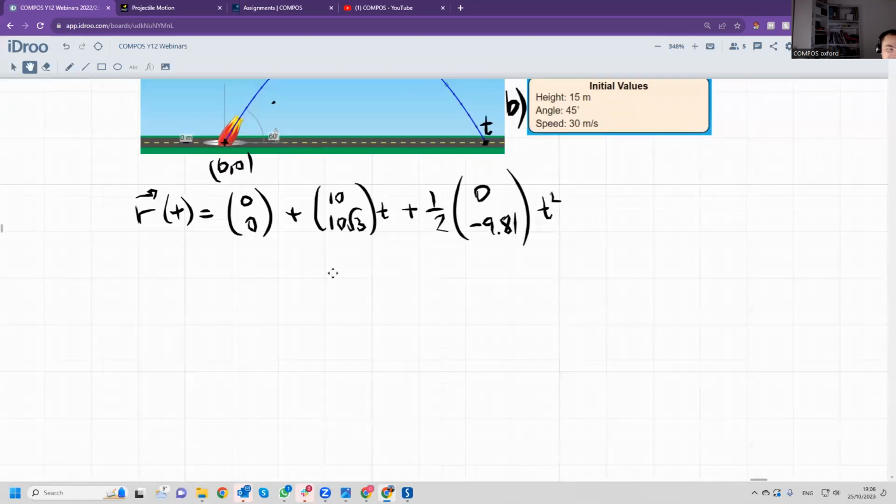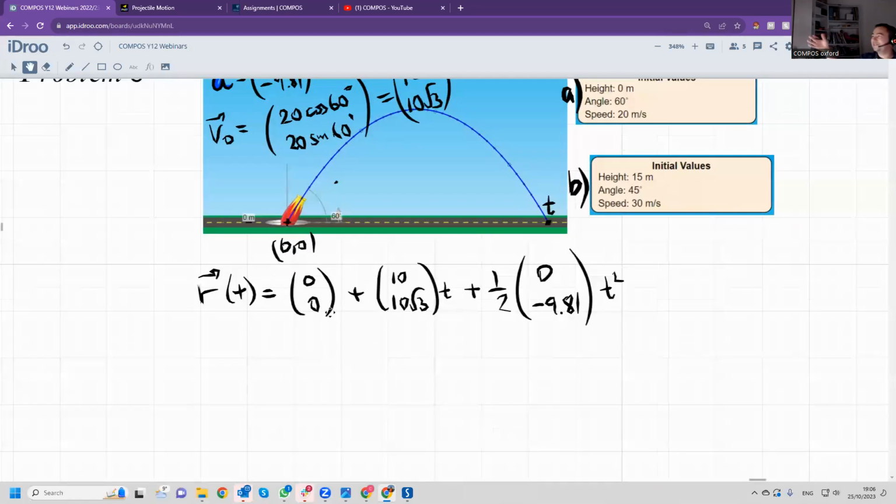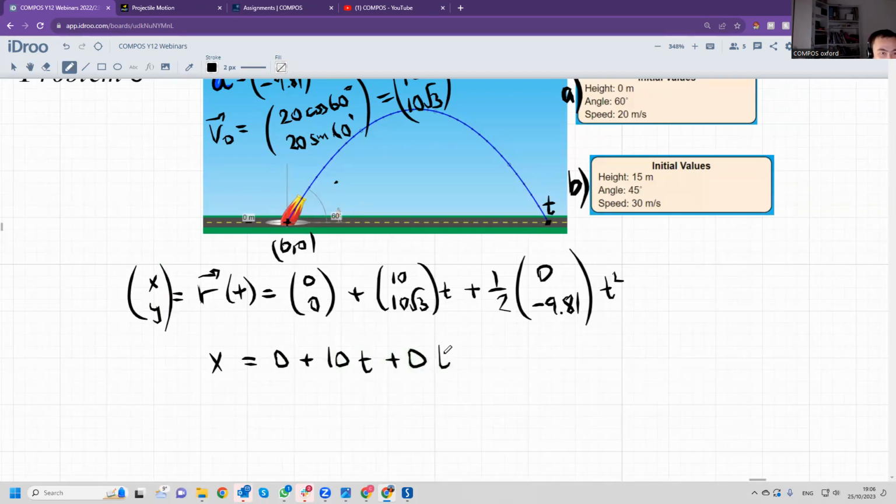And remember, they taught you that horizontal movement and vertical movement are independent. So we split them into components. Because we know that this is x, y, we have x is equal to 0 plus 10t plus 0 t squared, and y is equal to 0 plus 10 root 3 t minus 1/2 times 9.81 t squared.